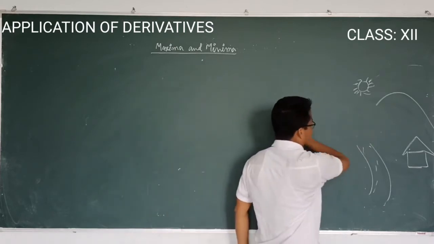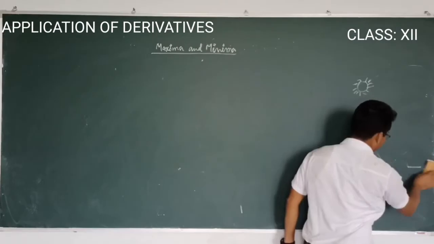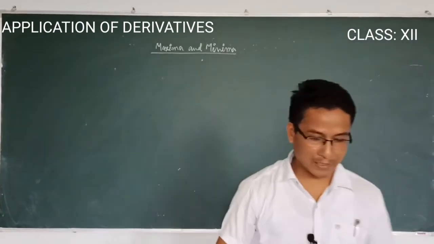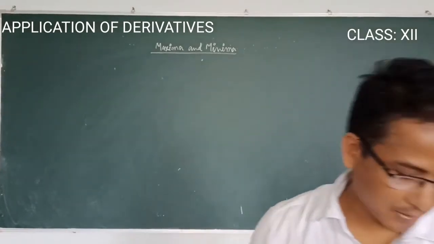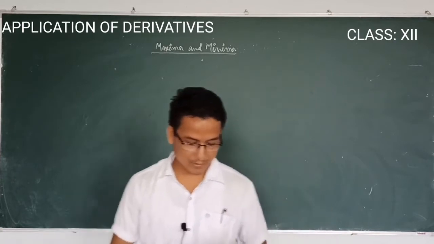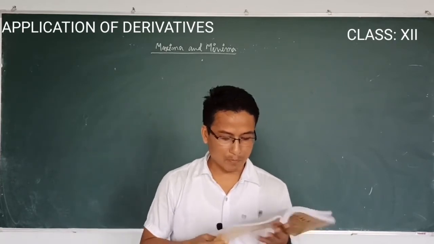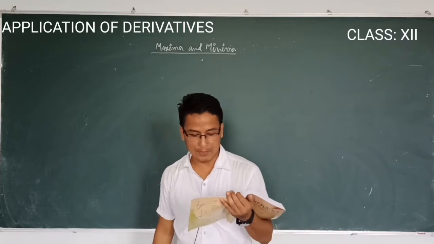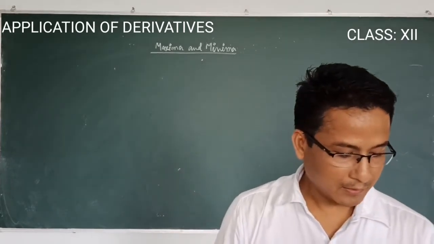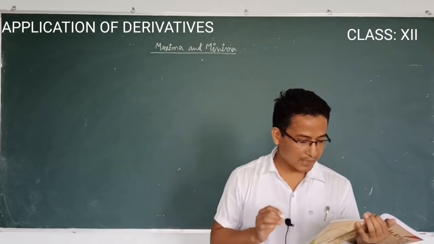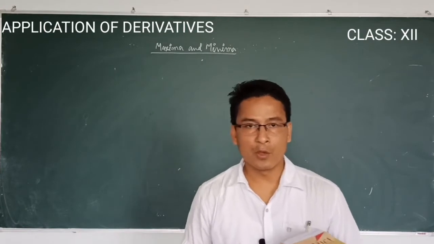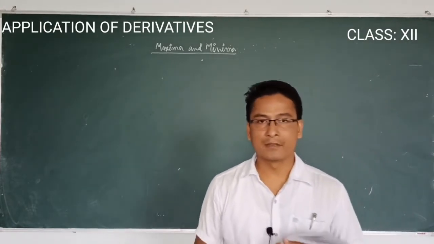In our book also, lots of examples are given from day-to-day life, and we will see lots of questions which are very useful about maxima and minima. Let us see some examples given in our book. The first one is: the profit from a grove of orange trees is given by P(x), and a condition is given.